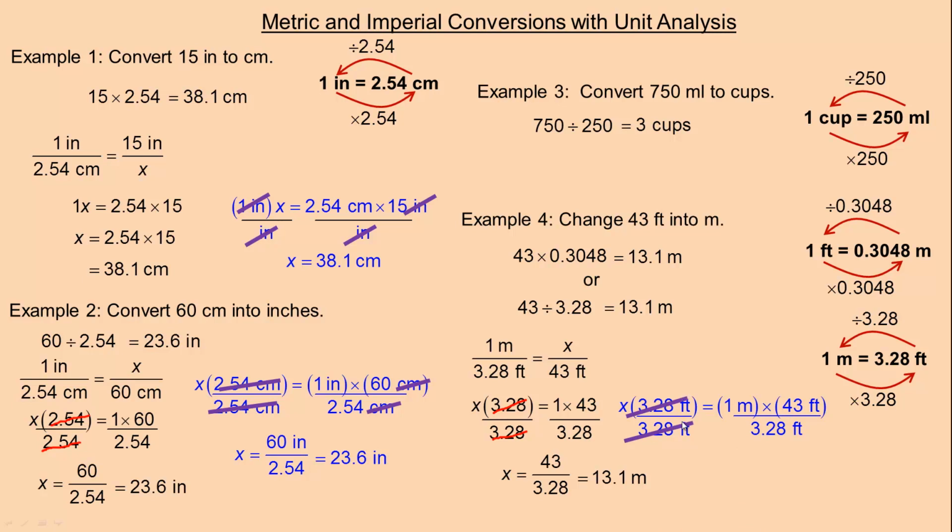So the 3.28 feet will divide out, and over here you see the feet divide out. So x is the product of 43 and 1 meter, so 43 times 1 meter would be 43 meters, divided by 3.28. That's the same calculation we did here with the numbers. And this is why the answer is 13.1 meters, because that's the unit that's left.